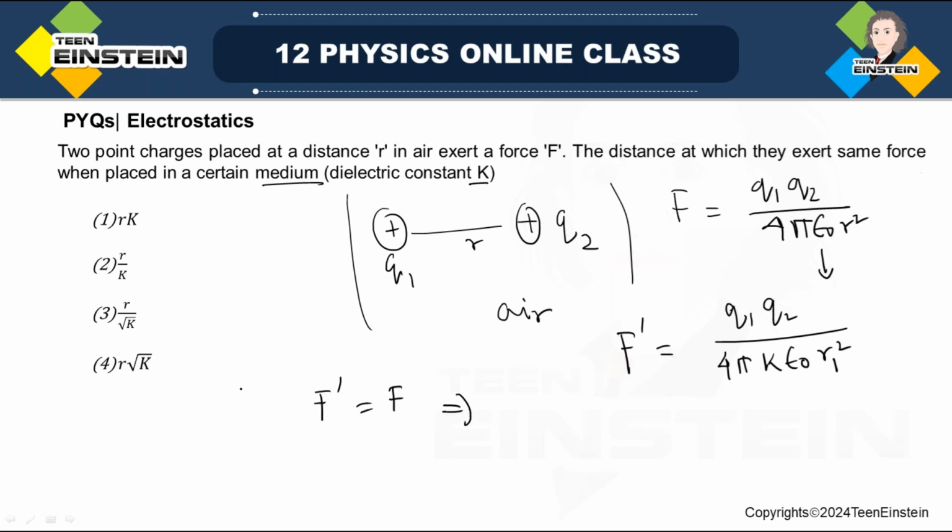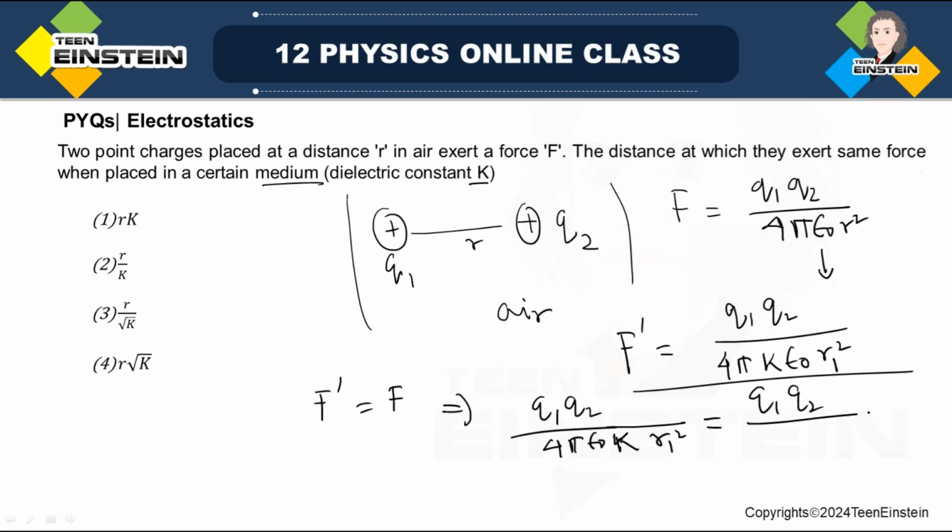According to the question, F prime is F, and from there we can write Q1 Q2 by 4 pi epsilon naught K into r1 square equal to Q1 Q2 by 4 pi epsilon naught r square. Now look, I have common things, I can strike them out. What we get is K r1 square is equal to r square.